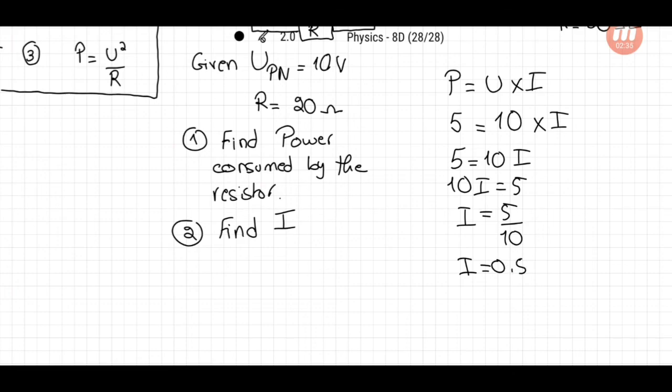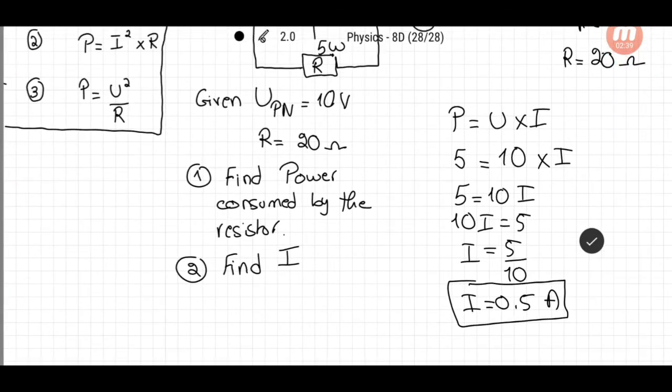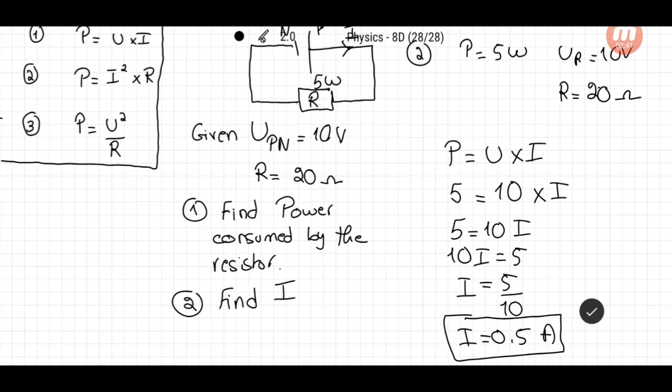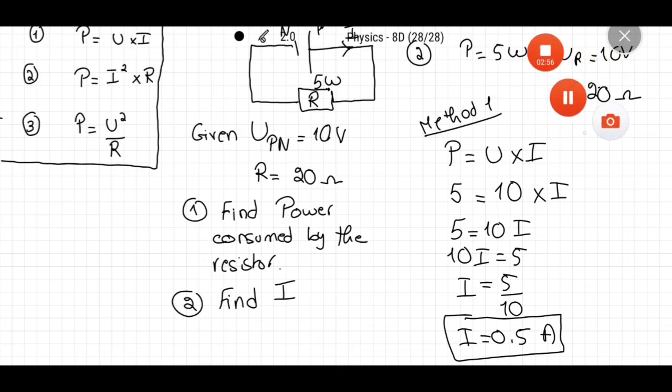I equals 0.5 amperes. This is the first method. I found the current using the formula of the power. Method 1.